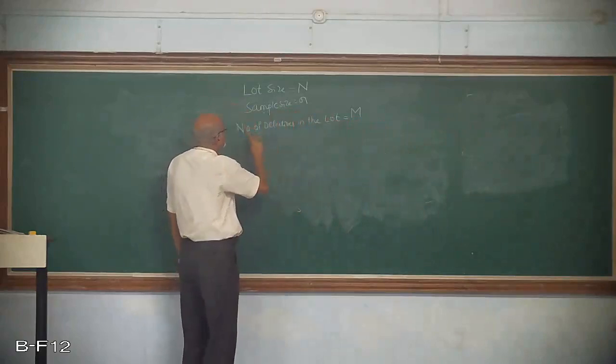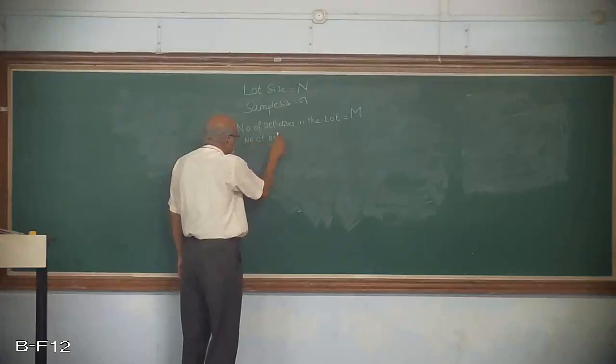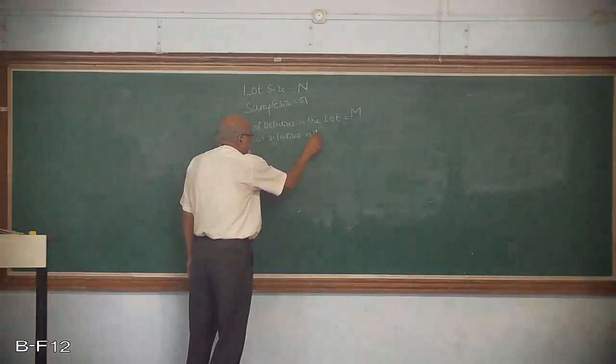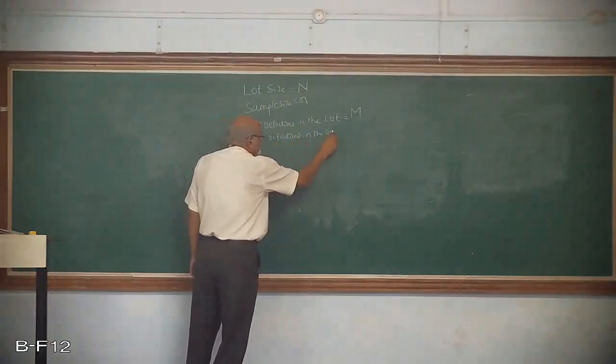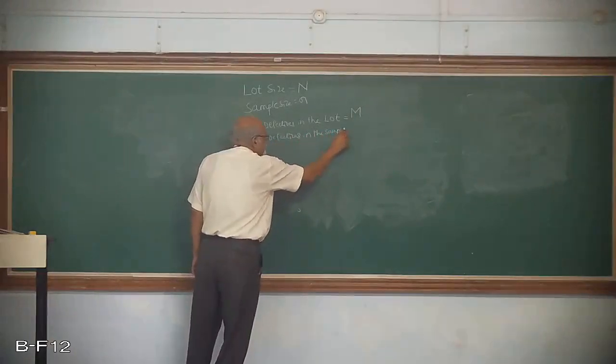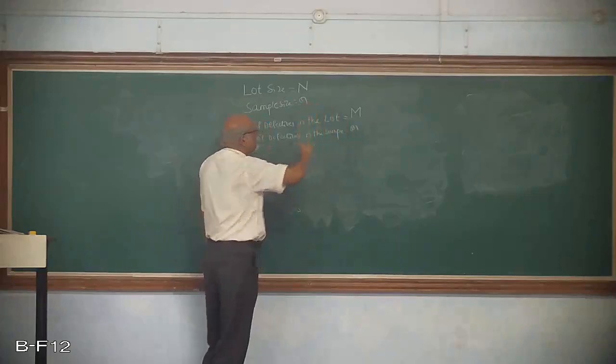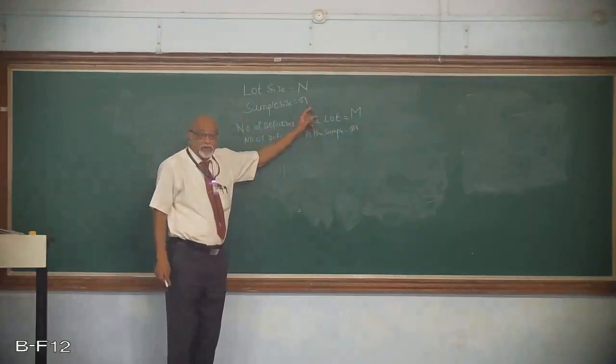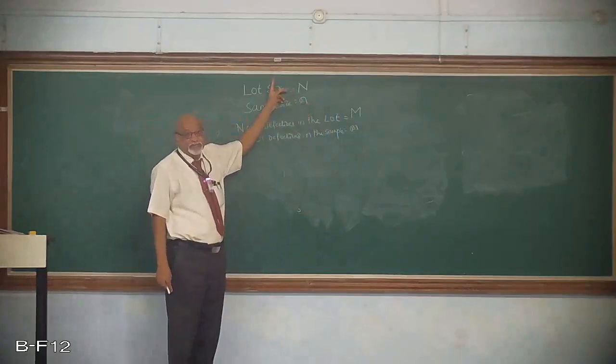Similarly, number of defectives in the sample, small m. What is this one? So capital M denotes the number of defectives in the lot.